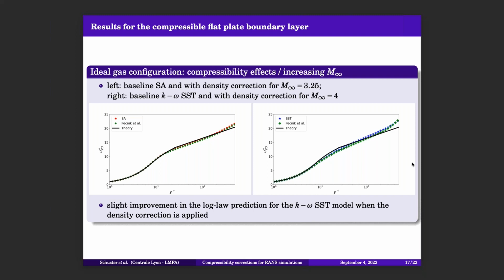On the right, what's interesting is that, even though you need a bit of believer's eyes, we see that we have a slight improvement in the log law prediction for the K omega SST model when we apply the density correction. And when we look at the contribution of the terms, comparing this green modified curve and the blue baseline curve, we see that indeed there's a contribution of the correction in this region where we want to recover the log law. So moving to the next slide, please.